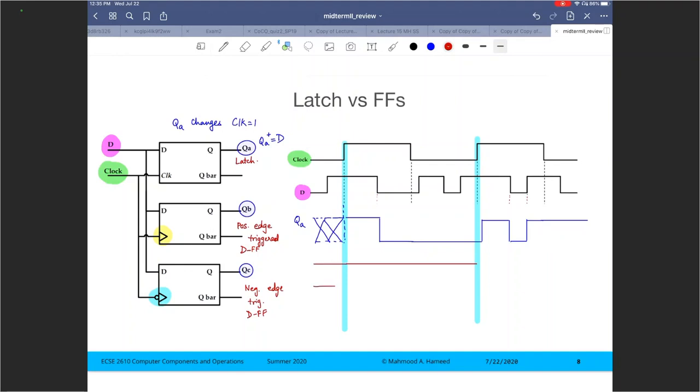I can assume that it is 0, but if I have to leave it as a general answer, then I don't know what is going to happen before the first positive edge. But after the first positive edge, QB plus equals D. At that moment, D was 1. So the flip-flop output became 1. And now it cannot change until it hits the next positive edge.